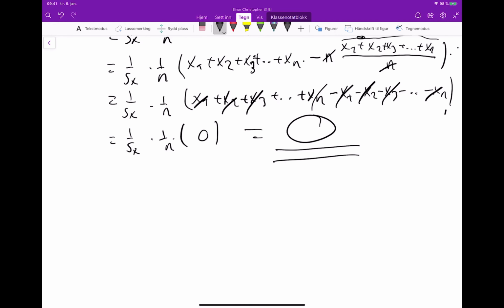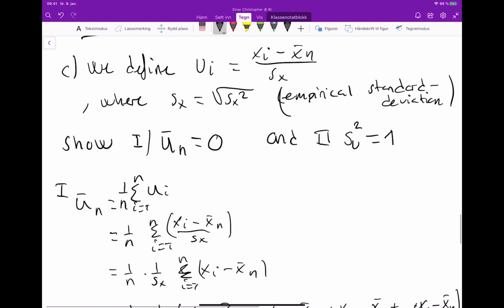Yes. And then we have to do the second part, which is showing that the empirical variance of the ui's is equal to 1. So we are now showing this one. This we have shown, and this we are going to show now.